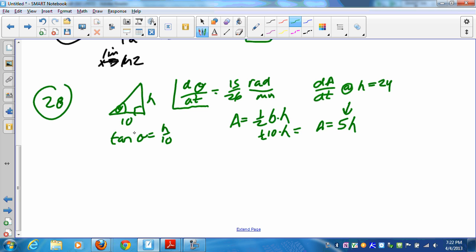So let's take a look at taking the derivative of this. We got secant squared theta d theta dt is equal to what? 1/10?